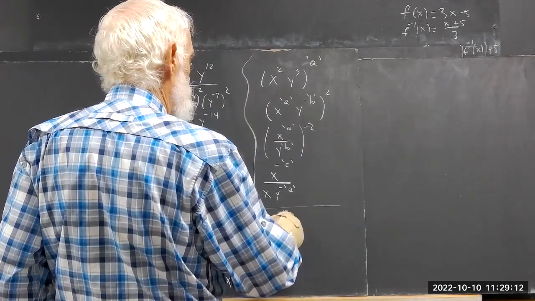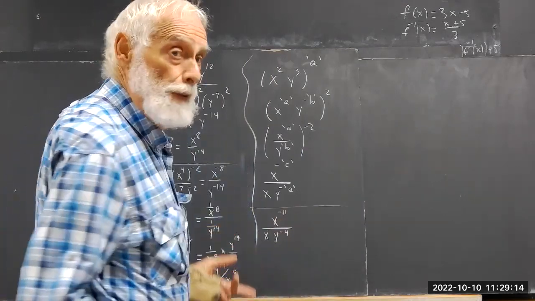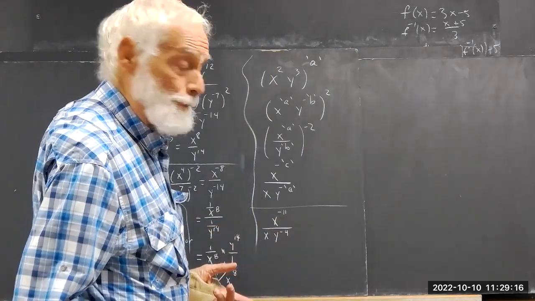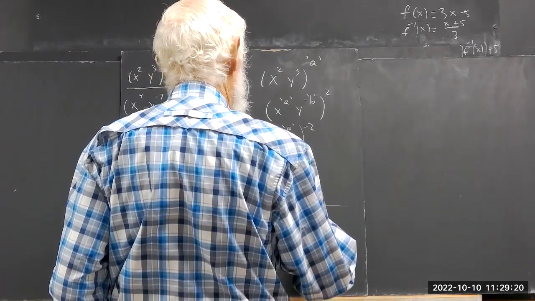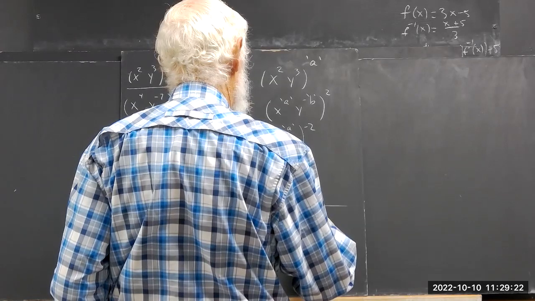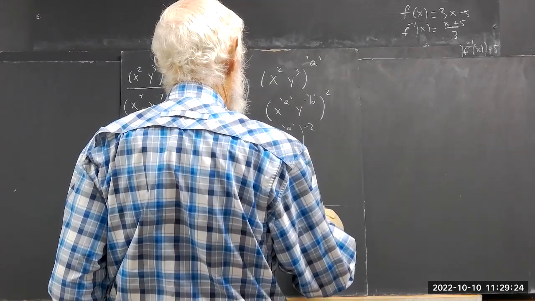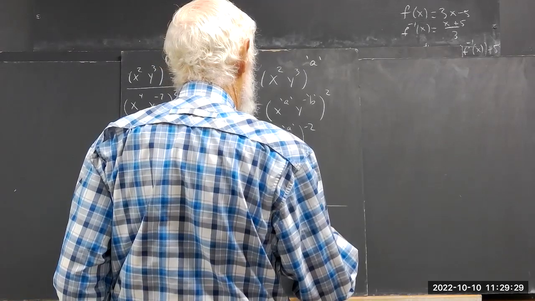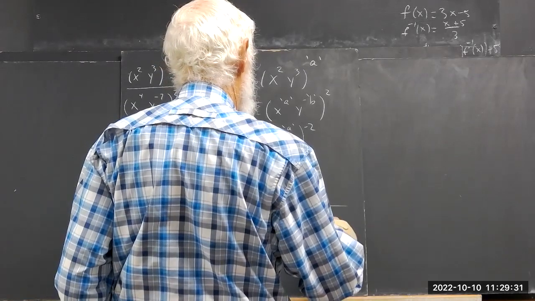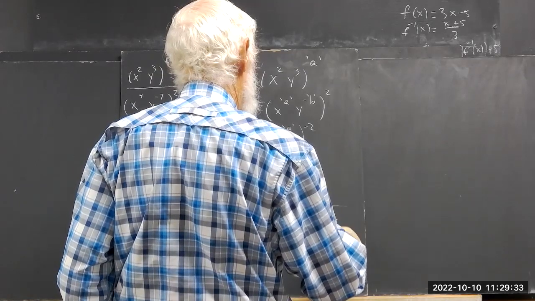First thing is you can divide the x to the negative 11 by the x, right? And that's getting a little tricky. This is x to the negative 11 divided by x times 1 over y to the negative 4.